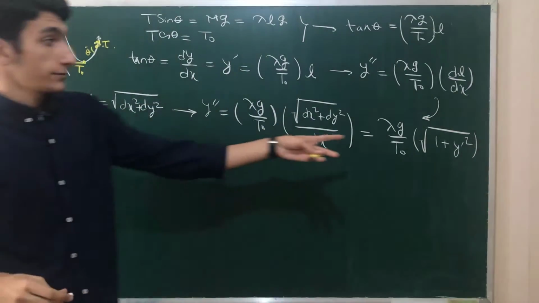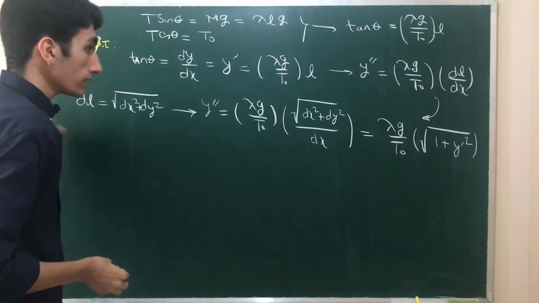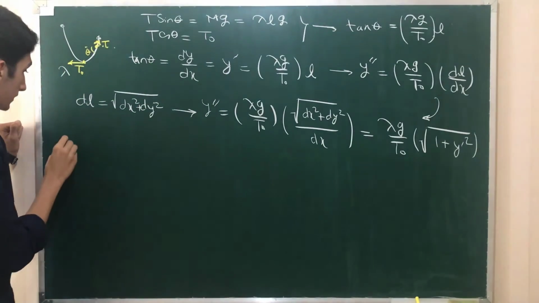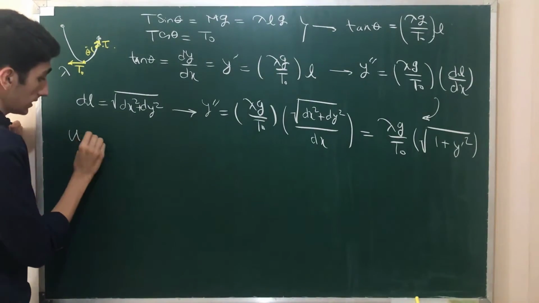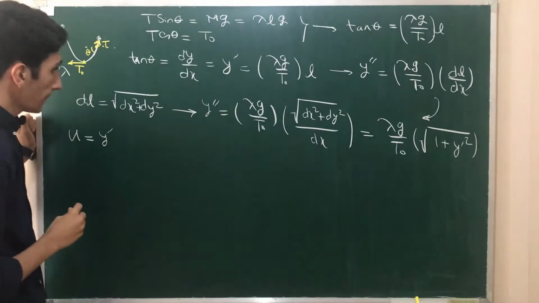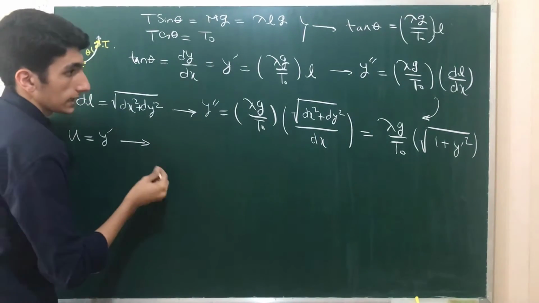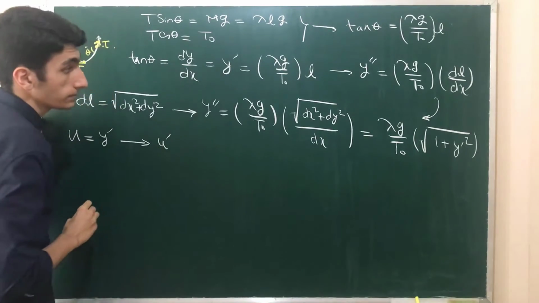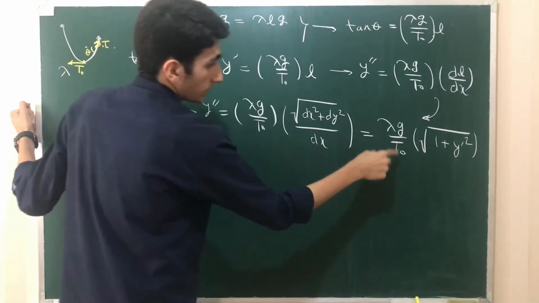And now I have this really beautiful differential equation, and I'm going to solve it. For solving this equation, I'm going to introduce another variable, u, which is equal to y prime, and what I would get is that u prime, I can write y double prime as u prime, is equal to lambda G over T0.